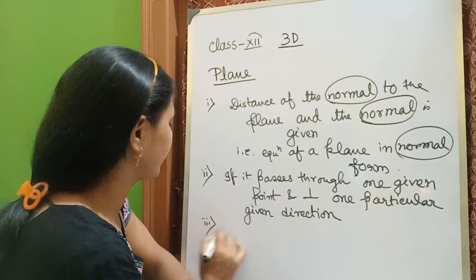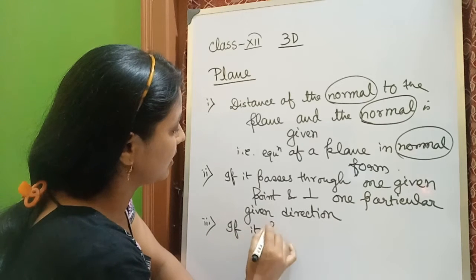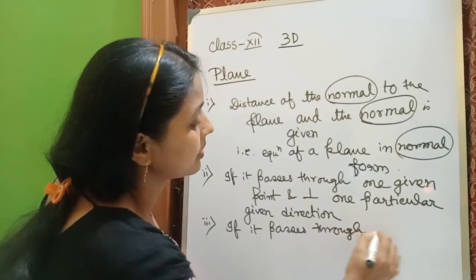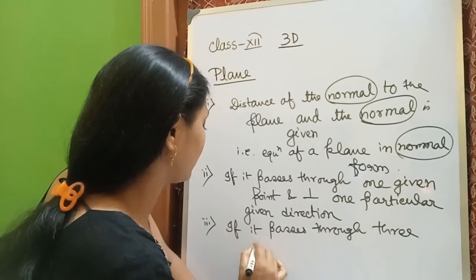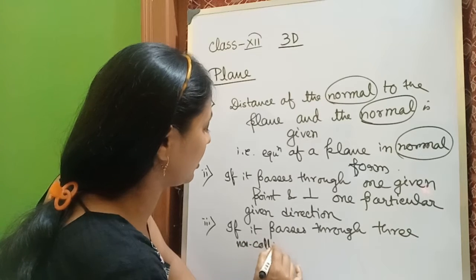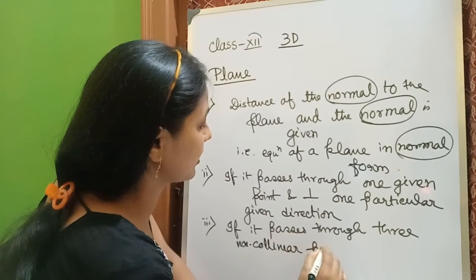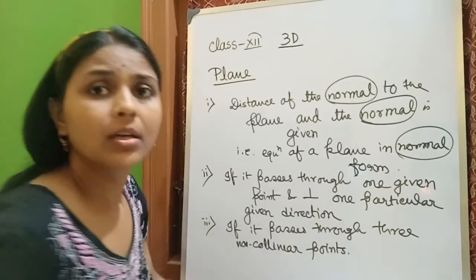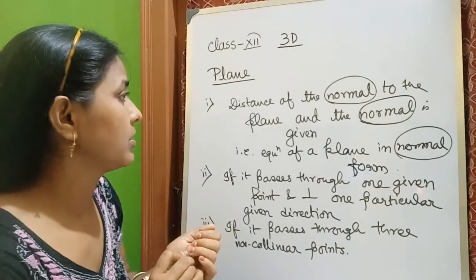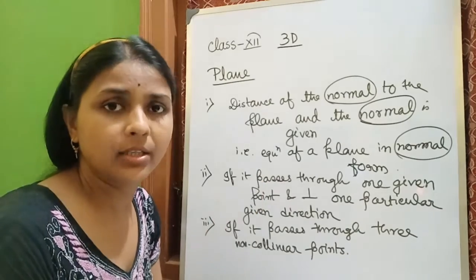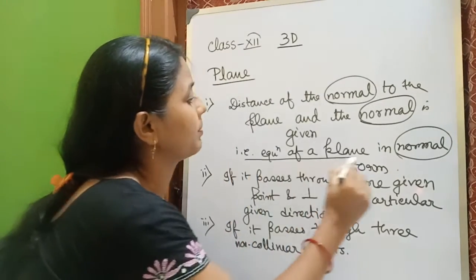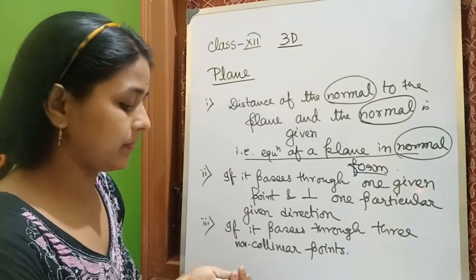Number 3: if it passes through 3 non-collinear points. In these 3 ways we can find the equation of a plane. So we will now do the first one, the equation of a plane in normal form.